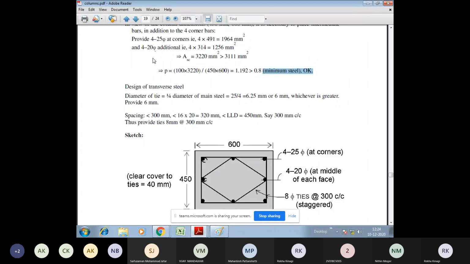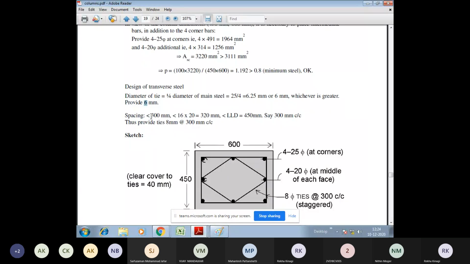So 25 by 4, that is 6.25 or 6 mm, whichever is greater. So here we need to consider 6.25, and we can provide a diameter of 8 mm. Here make a correction, it should be 8 mm. Provide 8 mm diameter lateral ties.